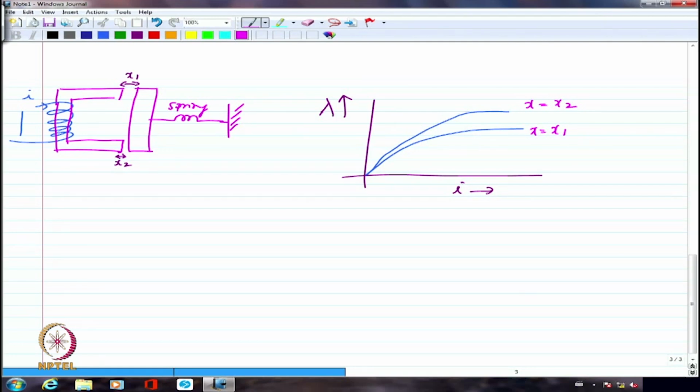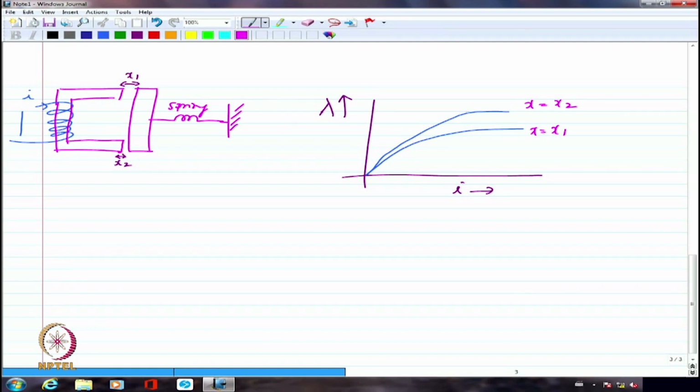And let me assume that the movement is taking place pretty slowly. How slowly is a matter of detail, but let's say I have an electrical time constant for this circuit, which is L by R. If I allow the movement to take place slowly, the current can reach steady state at every point in time.